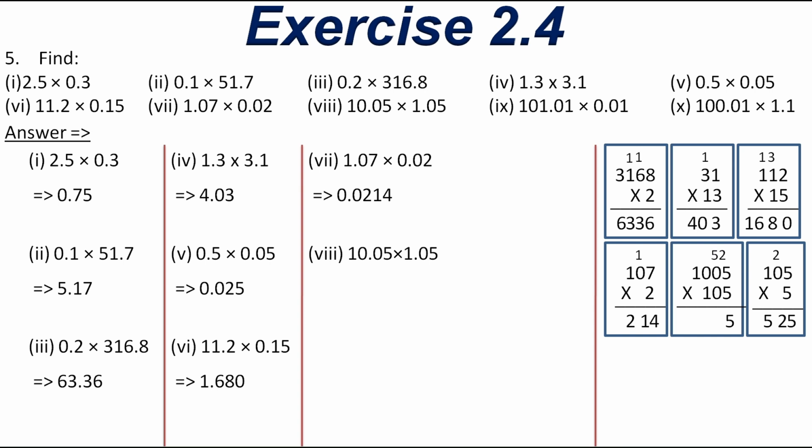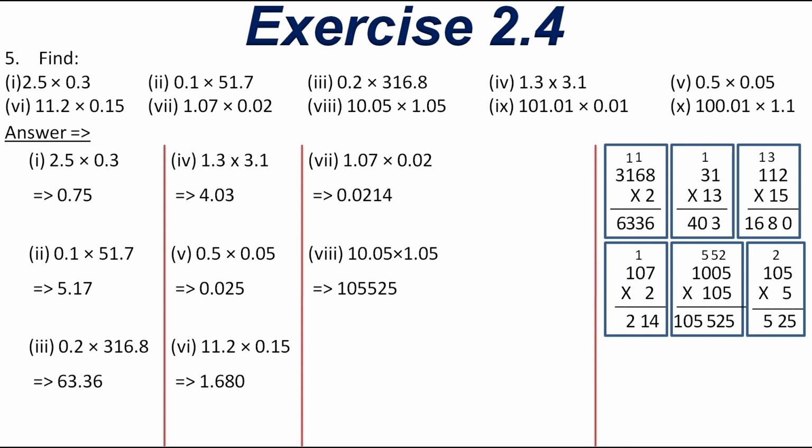So the 5 will come in the answer's place and 52 will go on the carry place. Okay, now 105 zeros are 0. Okay, and plus that 52 will become 52. So the 2 will come down and 5 will go again on the carry. Now 105 zeros are 0 again and plus 5 is 5. So answer will become 5. Now 105 ones are 105.